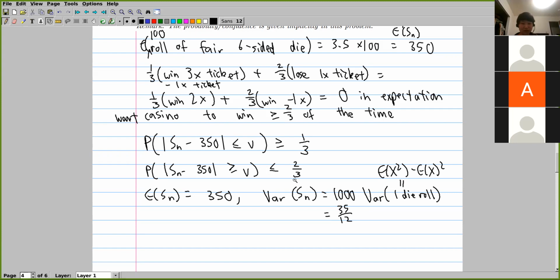All right, so if we plug into our CLT approximation, then Sn is going to be roughly normal with 350 and 35/12, which is the same thing as saying Sn minus 350 over the square root of this is roughly the standard normal.